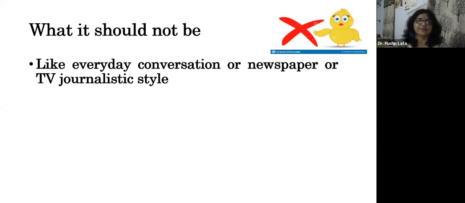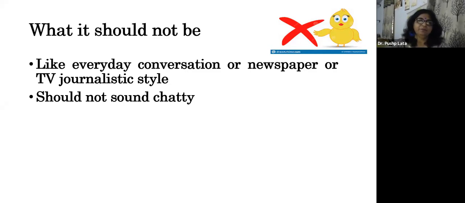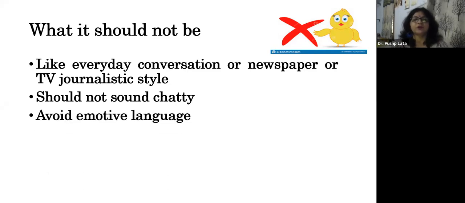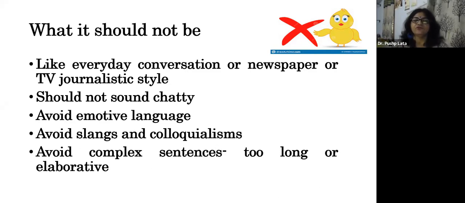So you have correctly said that it has to be formal. It should not have day-to-day conversation, or a journalistic kind of writing style. Academic writing should not be verbose, as you said; it is not where you can pour out your emotions. We should not be chatty, we should not use emotive language, and we should not use any slang.